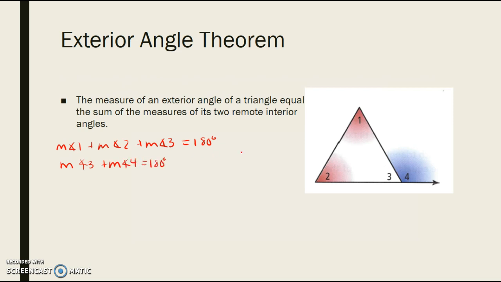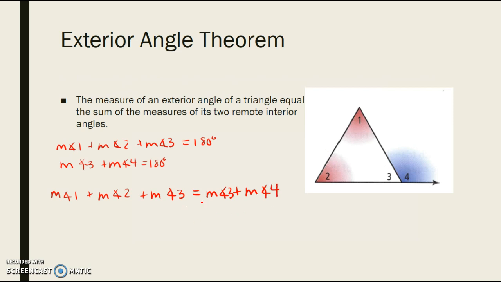degrees. And so what I can do, since these both equal 180 degrees, that means that the measure of angle 1 plus the measure of angle 2 plus the measure of angle 3 will be equal to the measure of angle 3 plus the measure of angle 4.